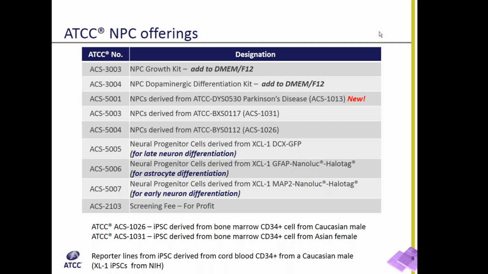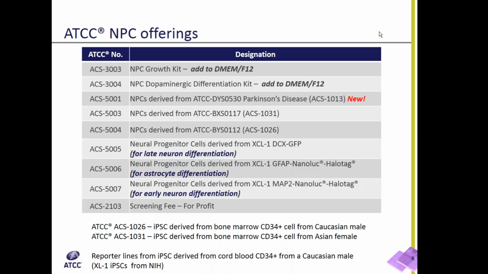We have reporter cell lines, which can be used to monitor late neuron differentiation, astrocyte differentiation, and early neuron differentiation. One of these has a GFP marker linked to doublecortin expression. Another has a NanoLuc HaloTag reporting GFAP expression.